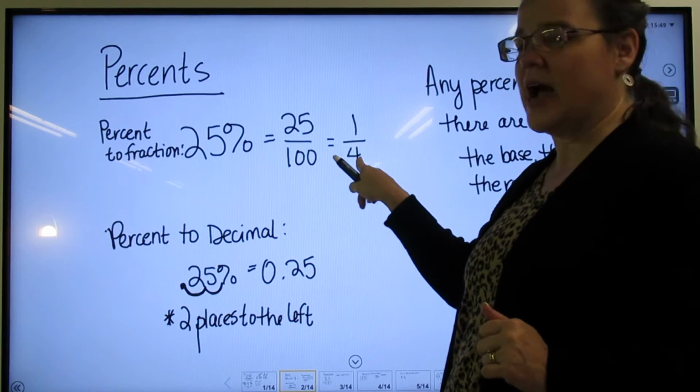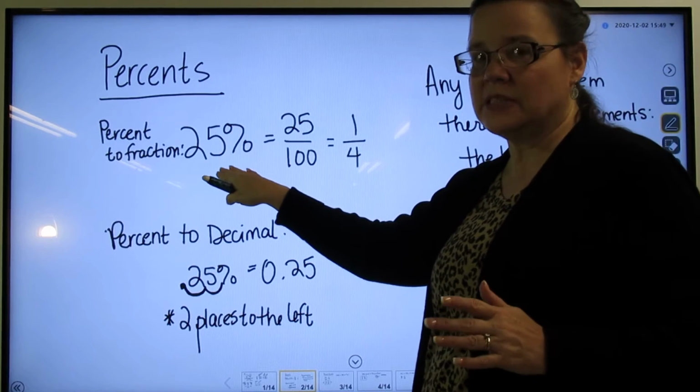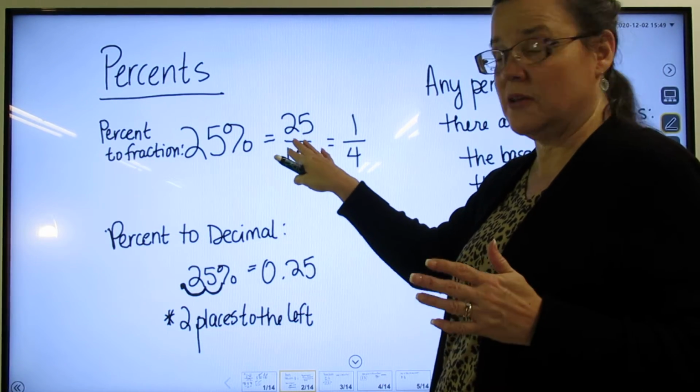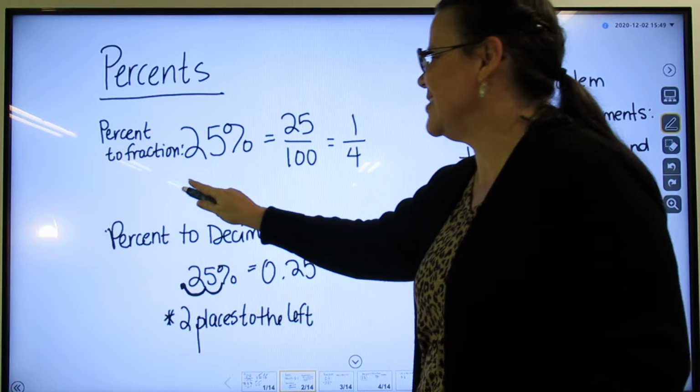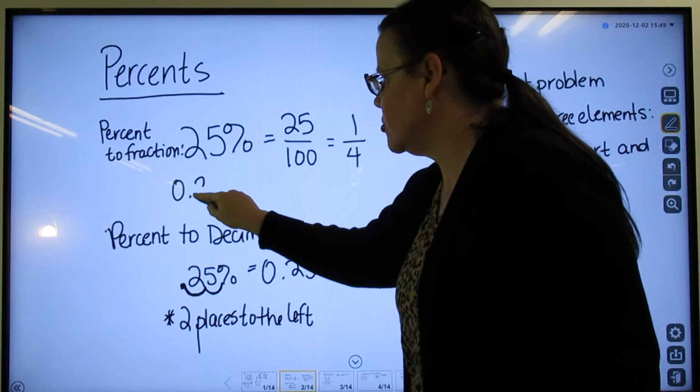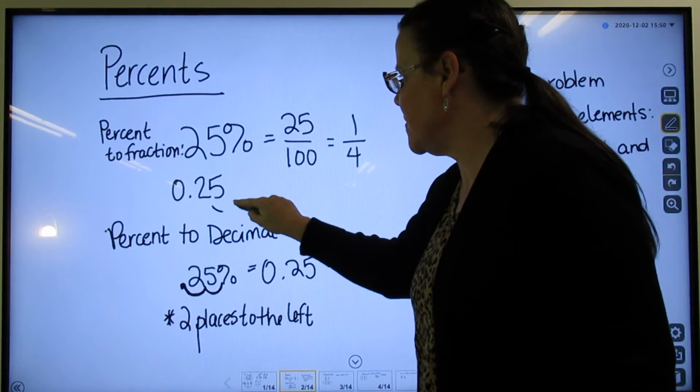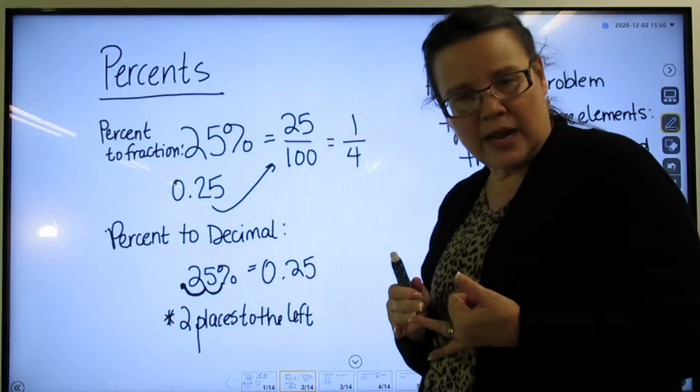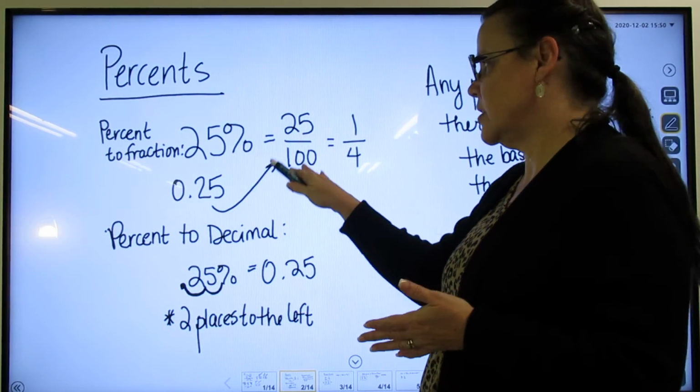25% to a fraction. It's 25% of 100, so it's 25 hundredths. Normally I just tell you to go ahead and change it to a decimal and then read it, write it, and reduce it. And so that's what we did.